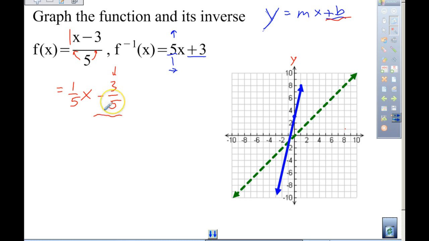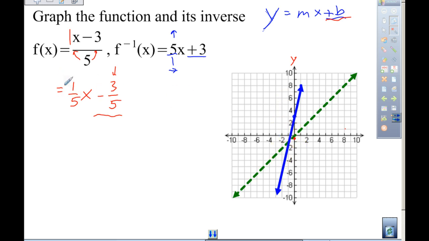Find it. What'd you get? 0.6? Yeah, right about there. Like almost half. 0.5 is a half, so 0.6 is still more than half. We're only estimating on the graph.